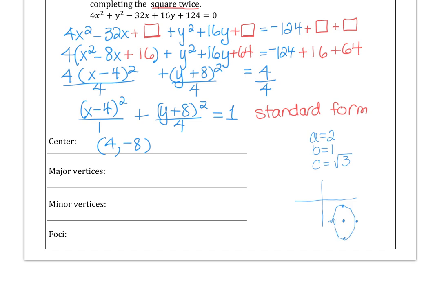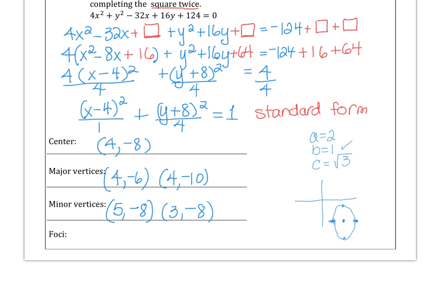So major vertices, 2 up, so 4 and negative 8 plus 2, and 2 down, 4, negative 8 minus 2, and then right, so 4 plus 1, because we're going right 1, 4 plus 1, keep the negative 8, and 4 minus 1, keep the negative 8. See how I'm just figuring that out without memorizing all of those h and k and plus and minus c.